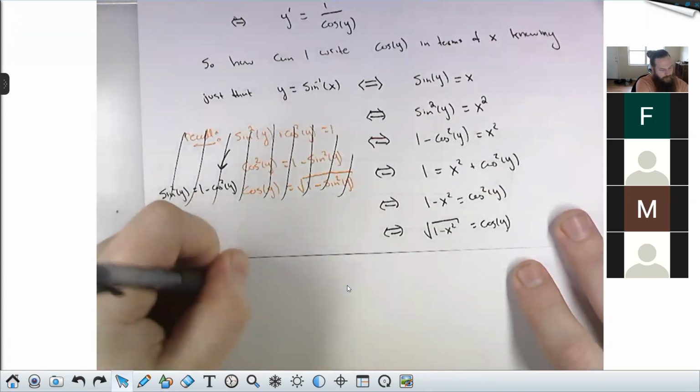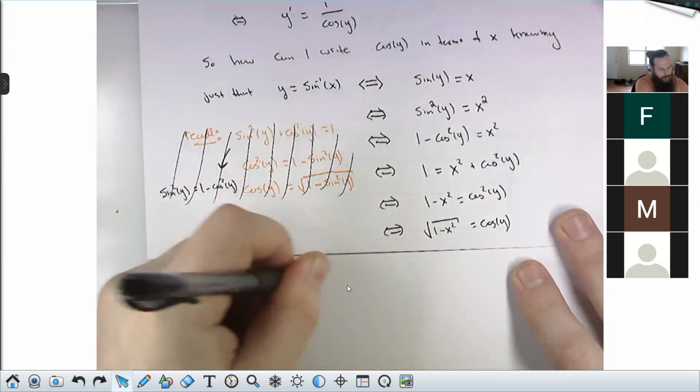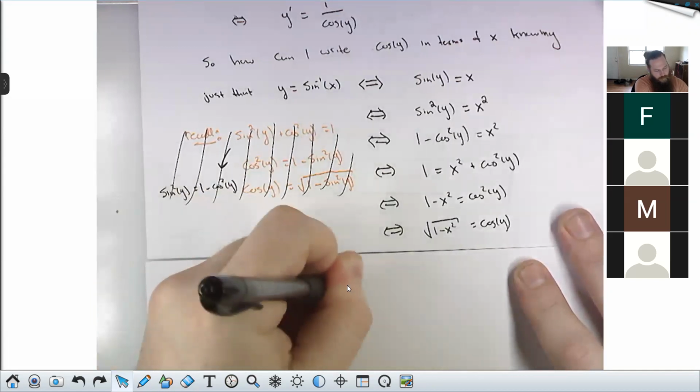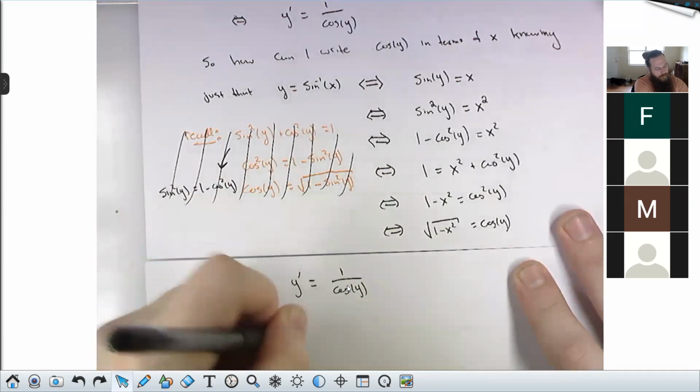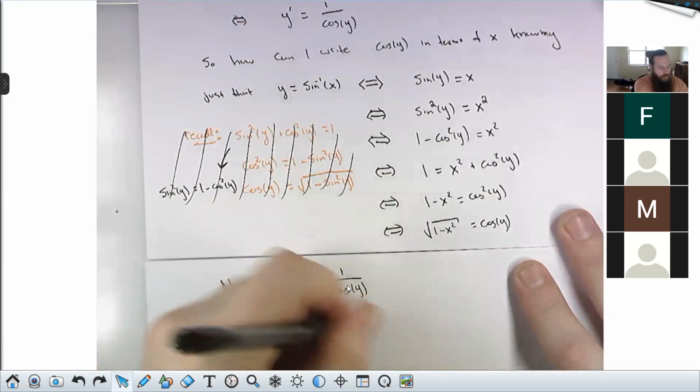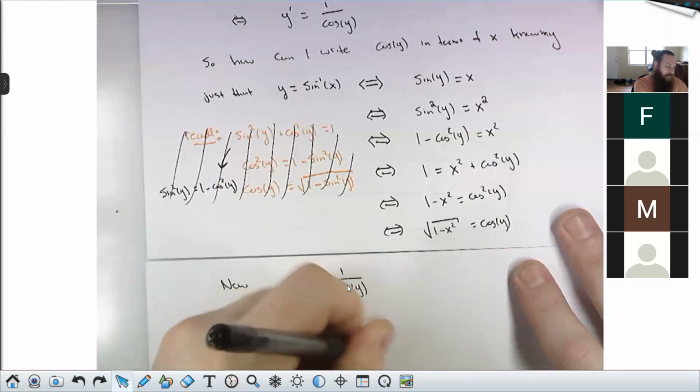There's a couple different ways to do this. Now, we have y prime equals 1 over cos y. This must mean the same thing as y prime equals 1 over the square root of 1 minus x squared.